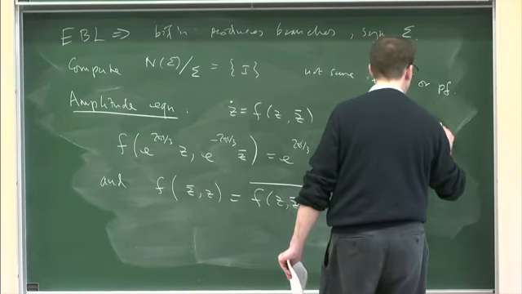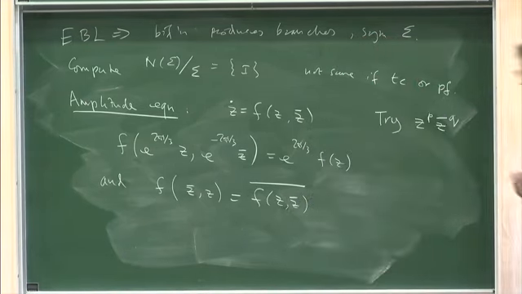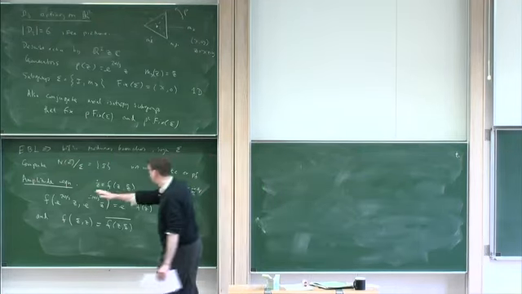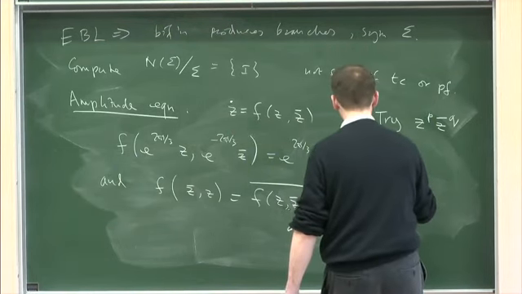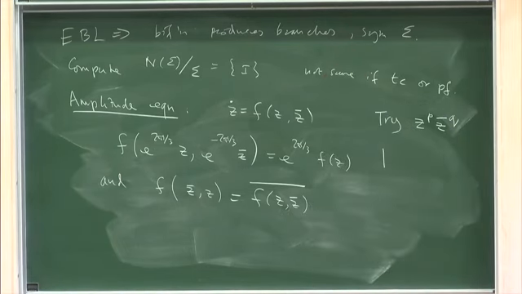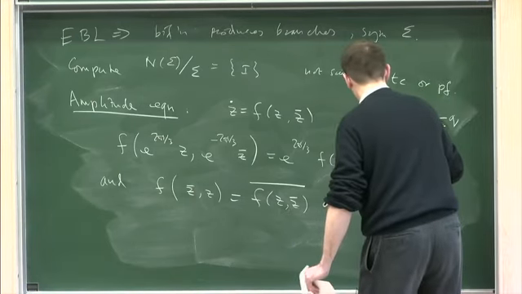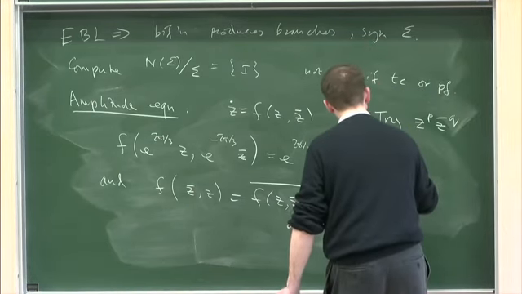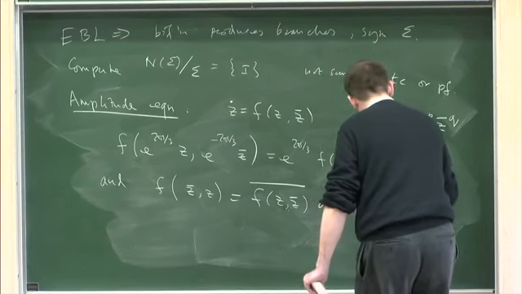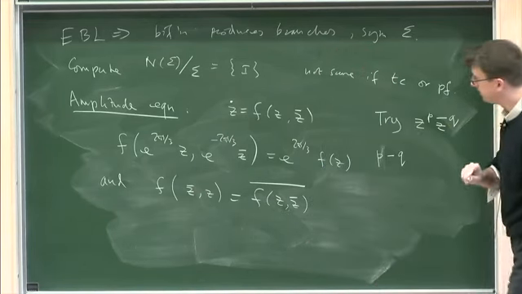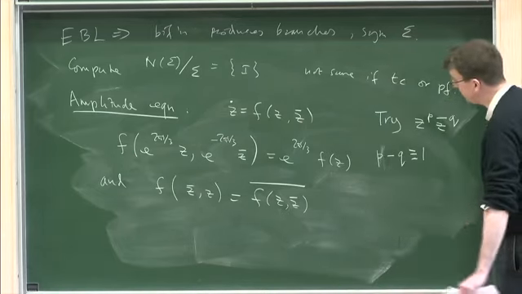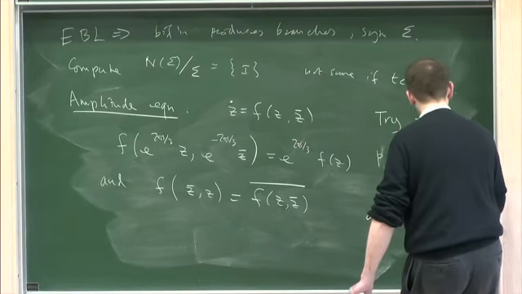If I try something that looks like z to the p, z bar to the q, integer p and q, then my constraint tells me that in terms of the multiples of e to the 2 pi by 3 that I pick up, I have p of them from the z to the p, minus q of them for my second term. That needs to be 1, because I have one multiple of e to the 2 pi over 3 on the right-hand side, modulo 3.